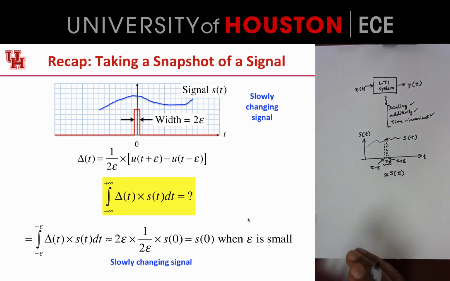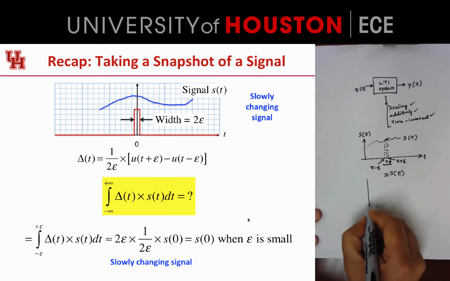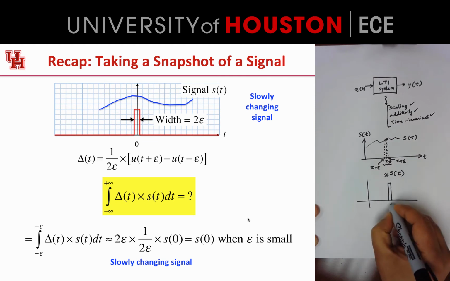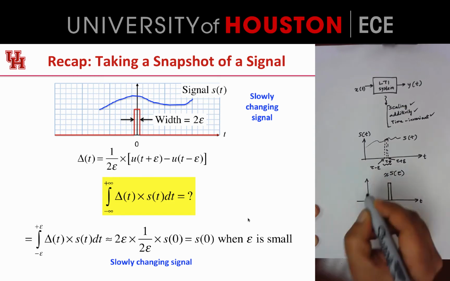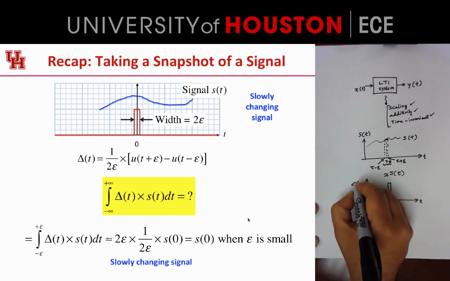So if you have a signal like that, then you can take a snapshot of it by using a function that goes like this. So you got a step, and this step function, we're going to call it delta of t, right?